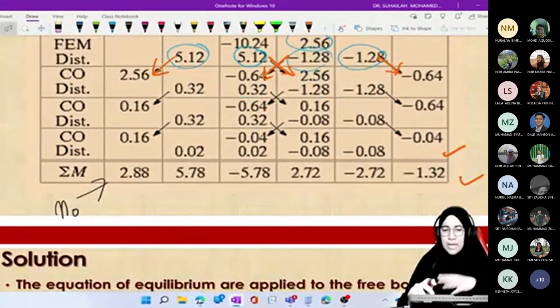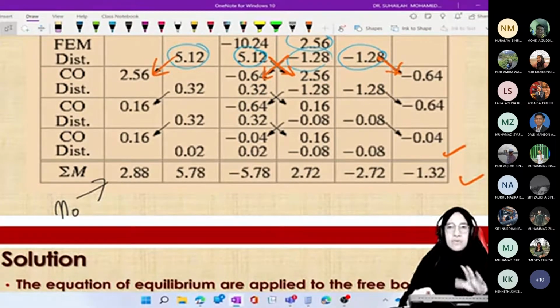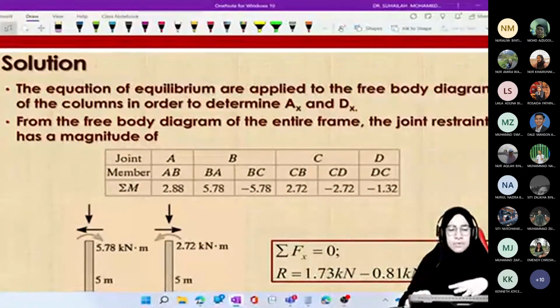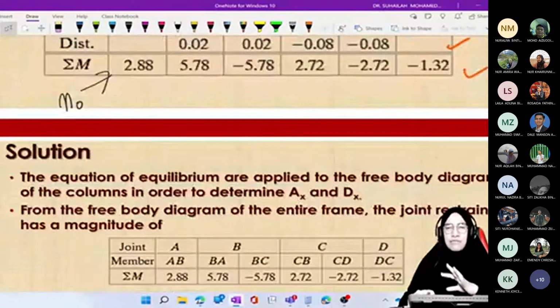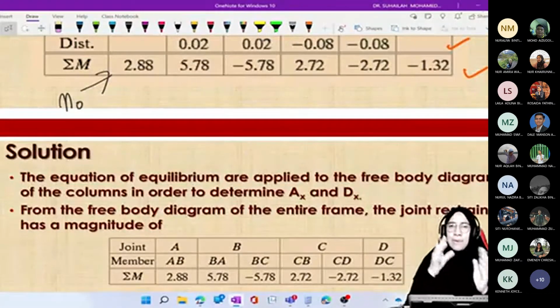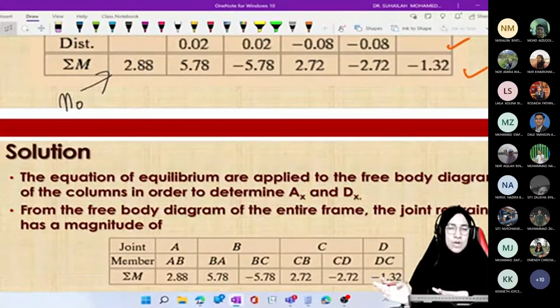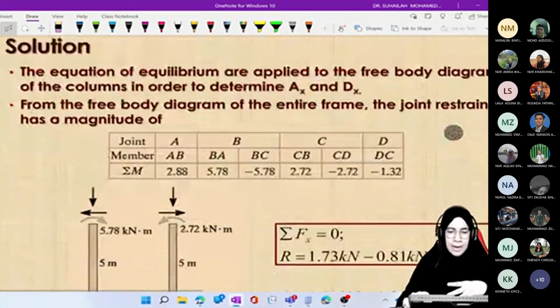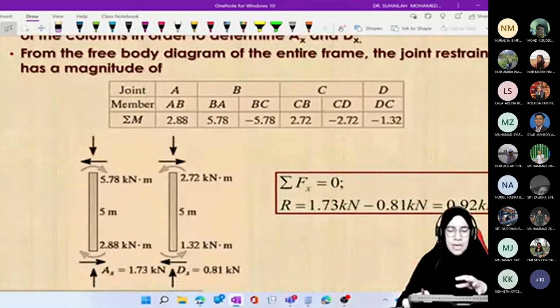I like to use M not for the first table, because we will differentiate between the label for the first table and the label for the second table. So that's why I put M not for the first table.